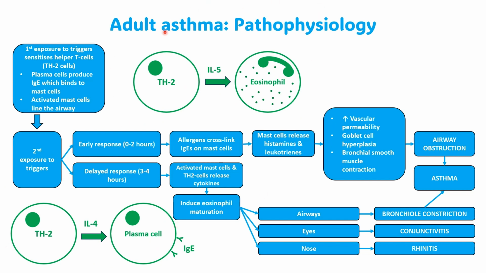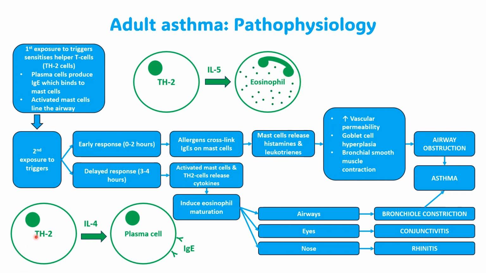In this top diagram, we've got a T helper 2 cell. When it's activated, it's going to release a cytokine called interleukin 5, and that's what's going to cause eosinophil activation. I just want you to remember that. Interleukin 5 causes eosinophil activation. Then we also have another T helper 2 cell down here.